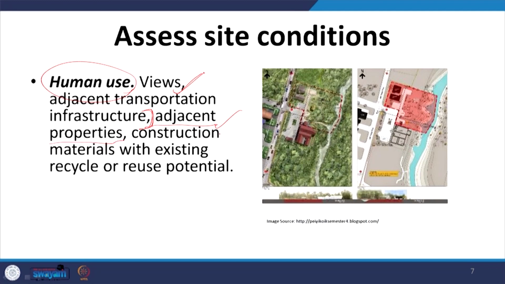Besides this, the kind of construction materials which can be used for their recyclability and reuse potential may also be assessed at this stage. This is also the stage where we are looking at what kind of uses are going to be there when we are talking about occupants, humans. So, suppose we are developing a school for differently abled children.